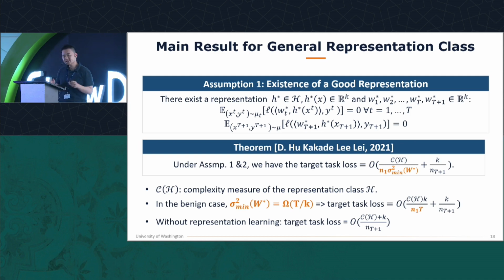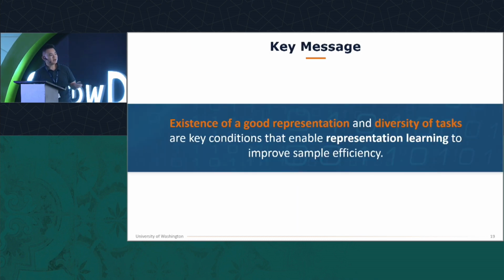So we show that these two assumptions are enough to show that you can improve the sample complexity using representation learning. The key takeaway message is that these two assumptions, the existence of a good representation for both the source and target task, and the diversity of the tasks, are the key conditions that enable representation learning to improve the sample efficiency. So this is pretty much the first part of the talk.